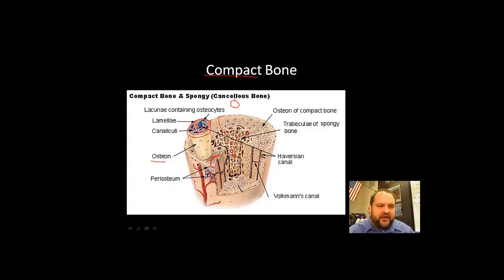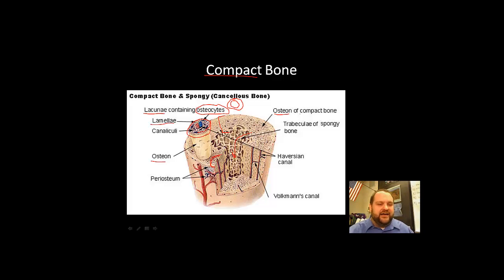So you may have a circle here, and then you'll have a circle surrounding it, so they're concentric, and they're called lamellae. So these concentric circles of the osteon are called lamellae. And then inside there, there are also these little holes or spaces called lacunae. And the lacunae contain the osteocytes, and the osteocytes are bone cells.